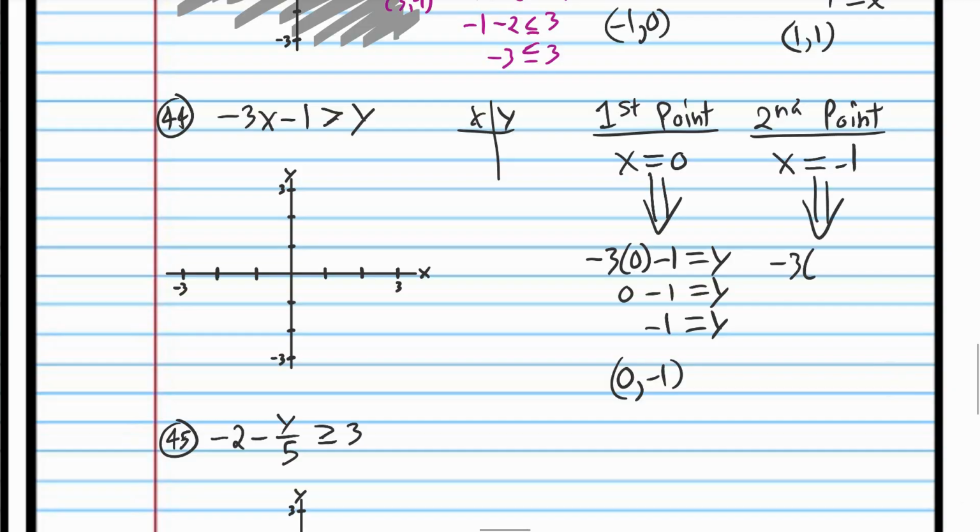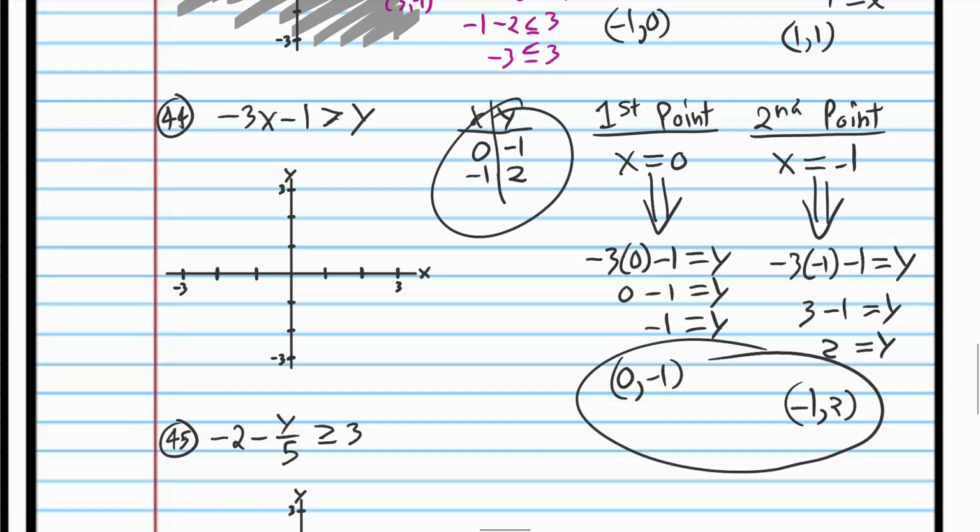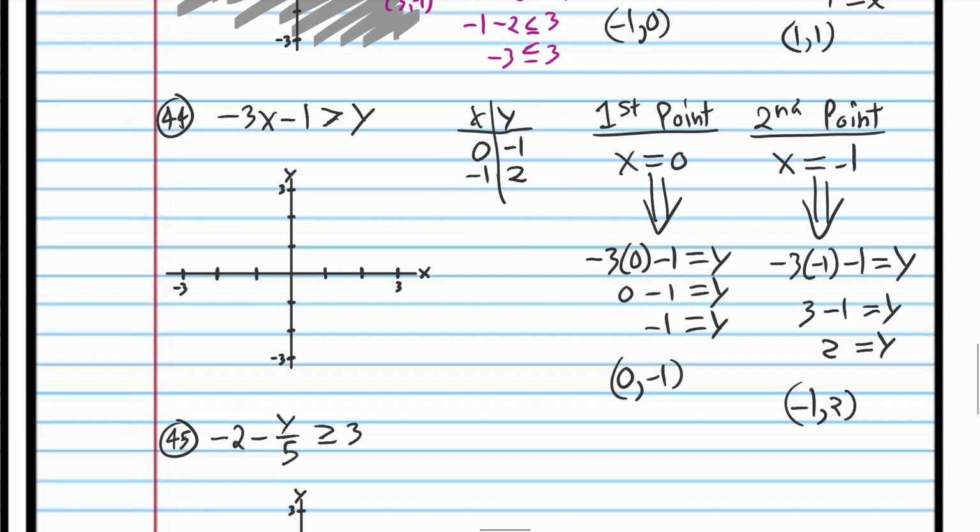So negative 3 times negative 1. And we get y is equal to 2, so our point is negative 1, 2. Let's put those in our table. Again, you don't really need both the table and the points. You really only need one or the other. But I'm just showing you the table so you can see what it looks like, because that's used very commonly.